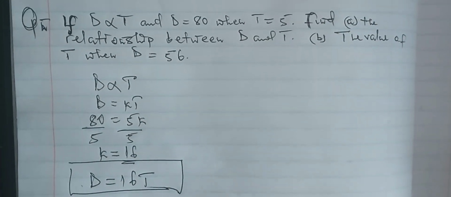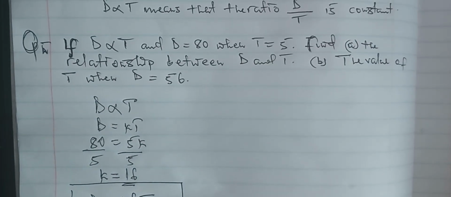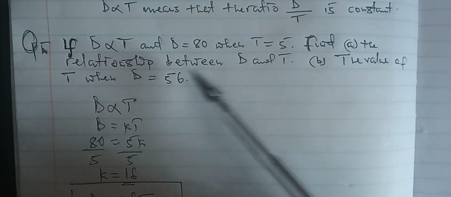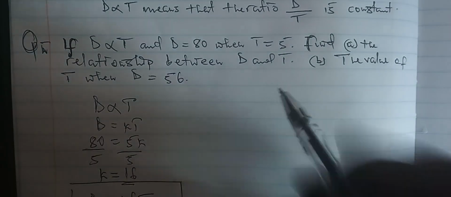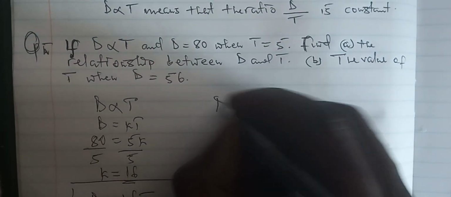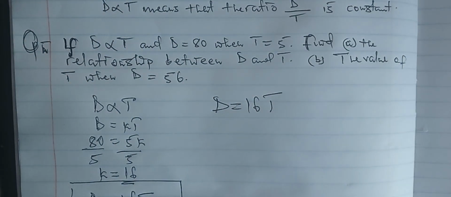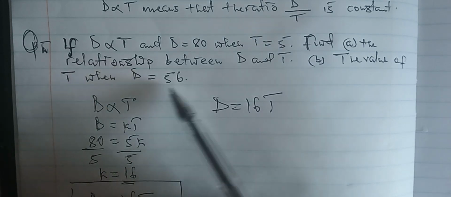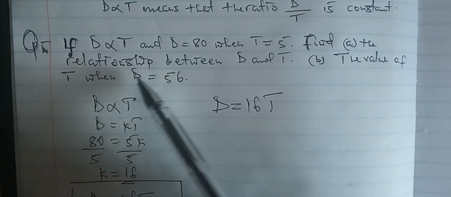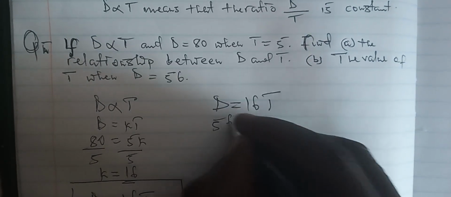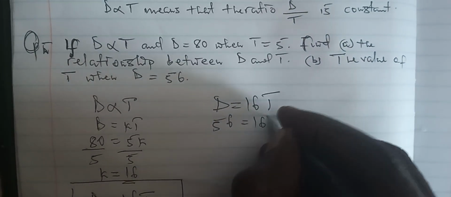Moving forward with part B of the question, which says find the value of T when D is equal to 56. We've got the relationship already, which is D is equal to 16T. So for us to find the value of T, we simply substitute 56 in place of D, and we have 56 is equal to 16T.